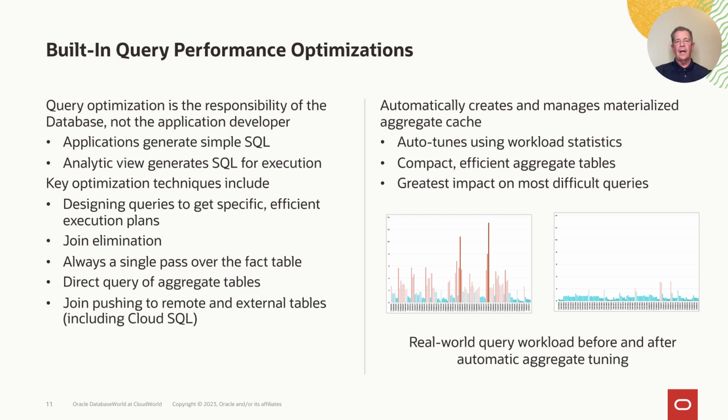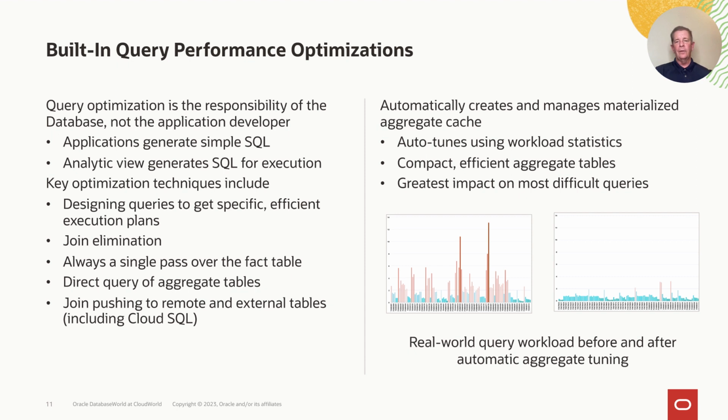These aggregate caches are very compact, very efficient. So they're smaller, and easier and quicker to create than typical materialized views. And a great thing is that they have the greatest impact on the most difficult queries.